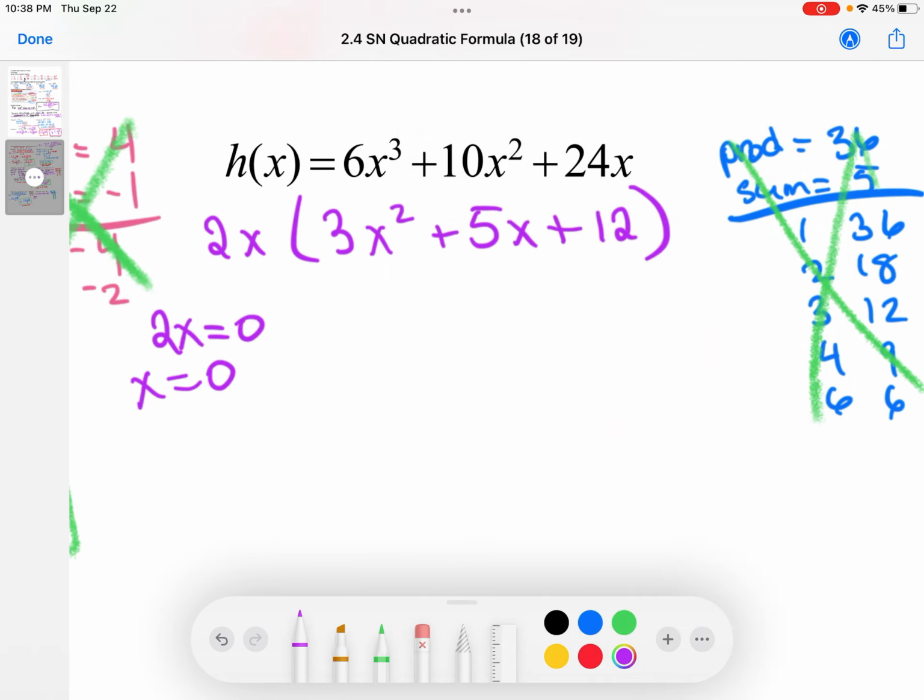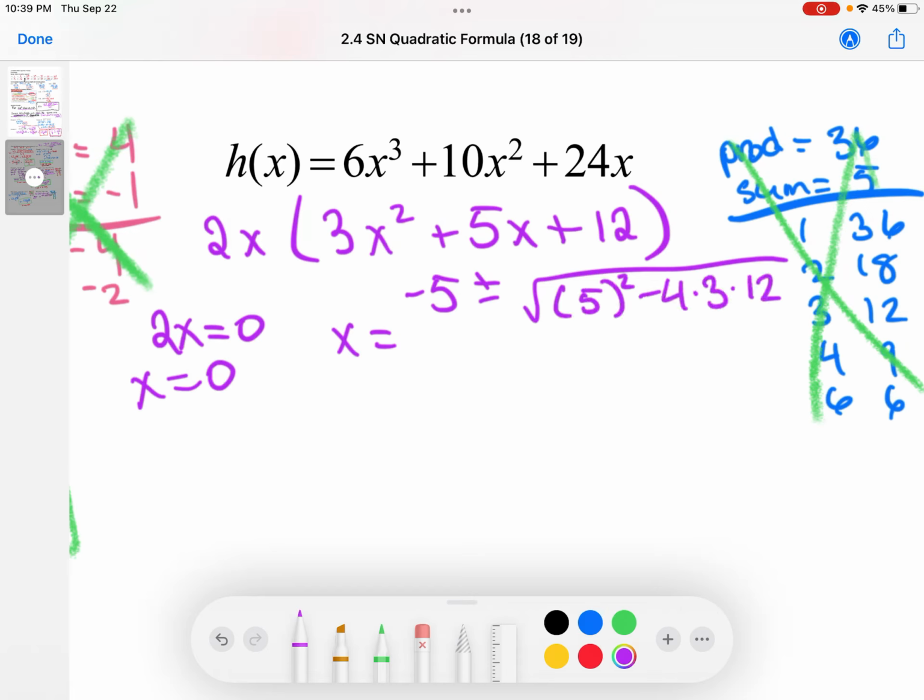Now, don't forget 2x is equal to 0. x equals 0 is going to be one of the solutions. That greatest common factor has an x in it, so it does affect the solution. Now, solving the quadratic on the inside, x equals negative b, so negative 5, plus or minus square root of 5 squared minus 4 times 3 times 12, all over 2 times a, which is 3.